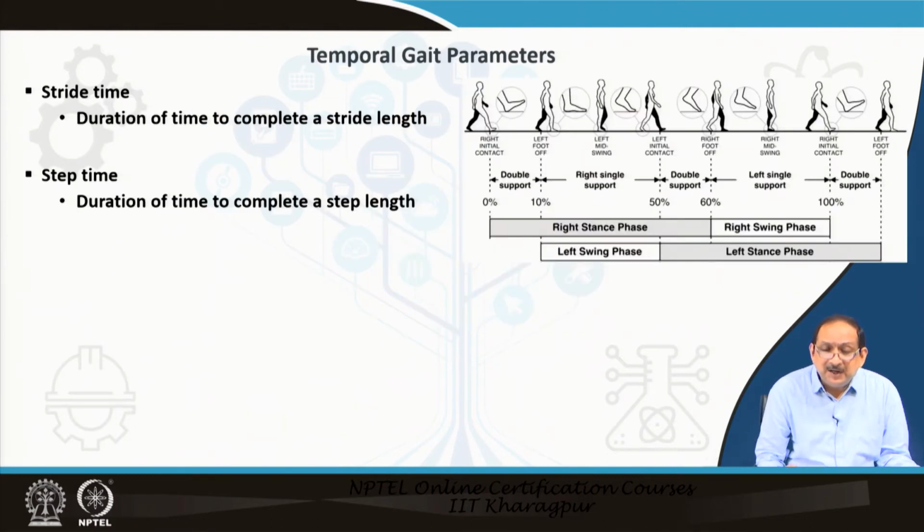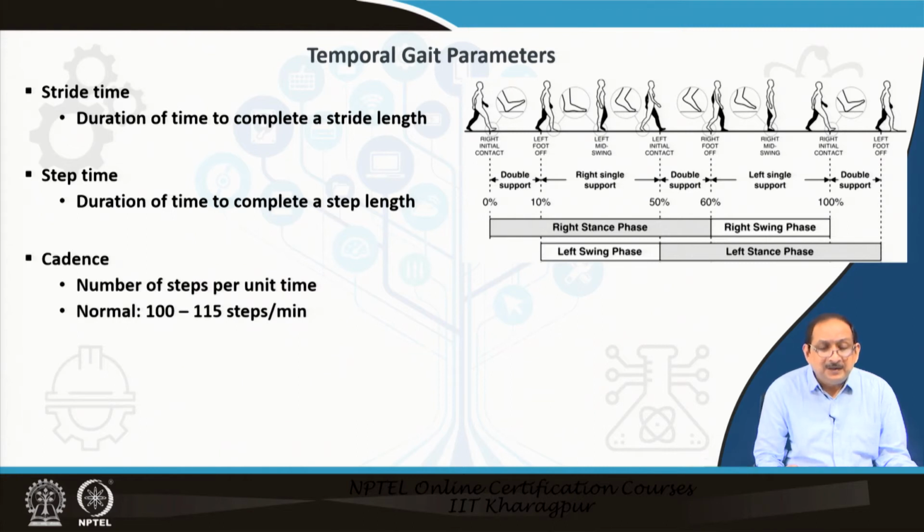The temporal gait parameters can be defined as stride time, which is the duration of time to complete a stride length. The step time is the duration of time to complete a step length. Cadence is the number of steps per unit time.